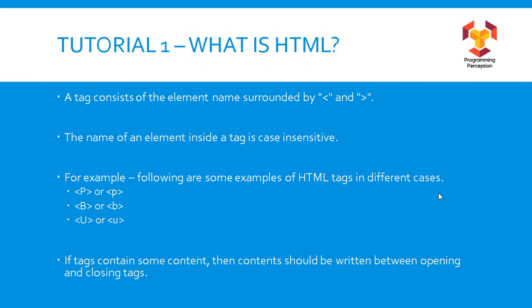If tags contain some content, then the contents should be written between opening and closing tags. There are two types of tags, and we are going to study both of them. The basic difference between these tags is that one has some content in it and the other has no content. We will see about these tags soon. But if a tag has some content inside it, then that content should be between the opening and closing tags.